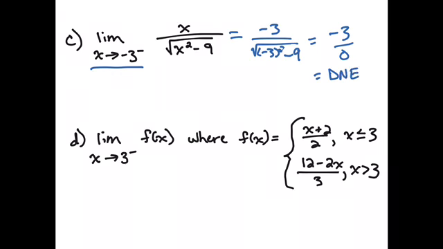Okay, and that's actually a pretty interesting one to look at. What is the domain of this function? I would need x squared minus 9 to be greater than 0, right? Can't divide by 0 and can't have a negative number under the square root.